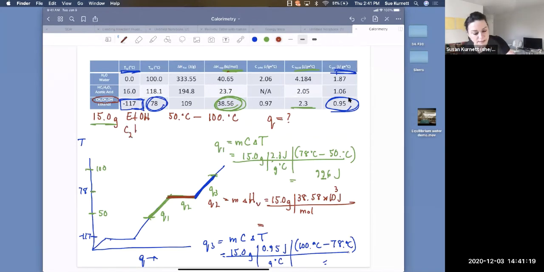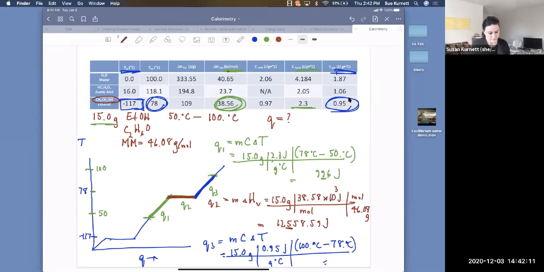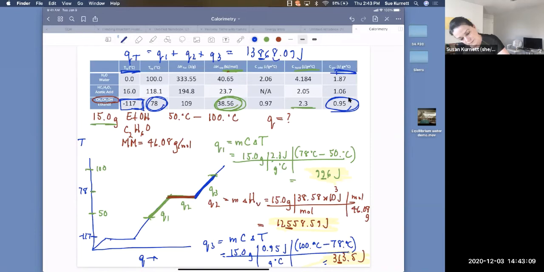So there's 2 C's, 6 H's, and 1 O. I came up with 13.9 kilojoules.